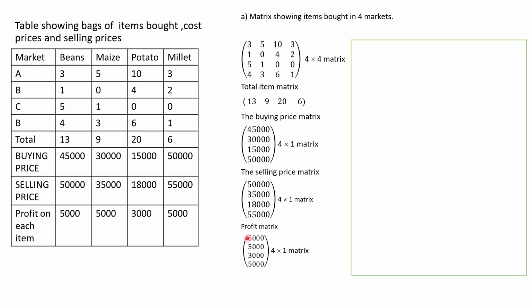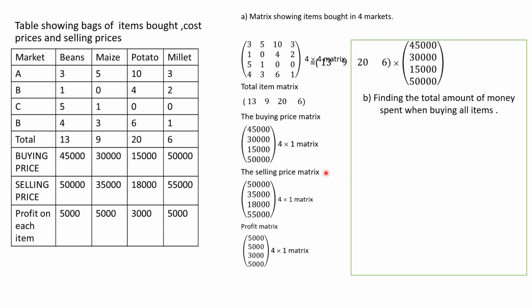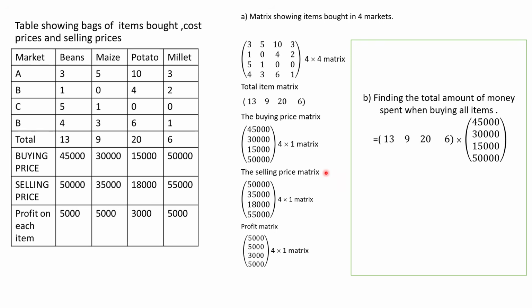That's why we say that time is not enough, but be creative enough to make sure that you create ample time. Then here we shall come and we say that as we are finding the total amount of money spent when buying all items, come here and you say how many items did I buy in total. That's why I strictly come to this.